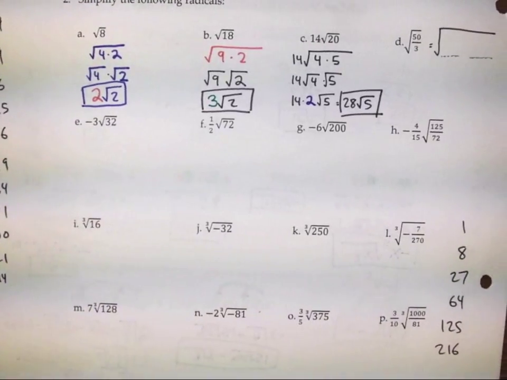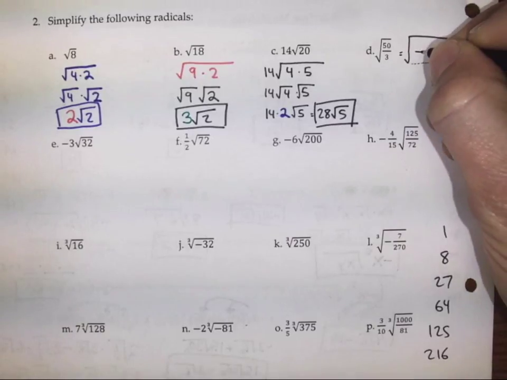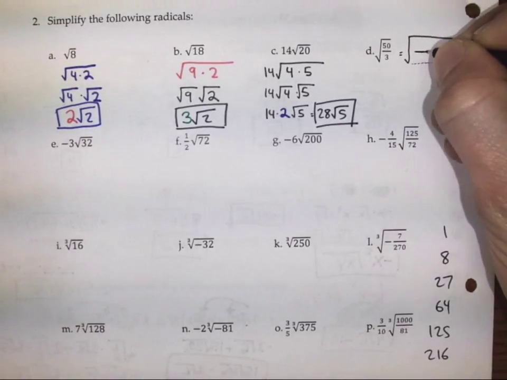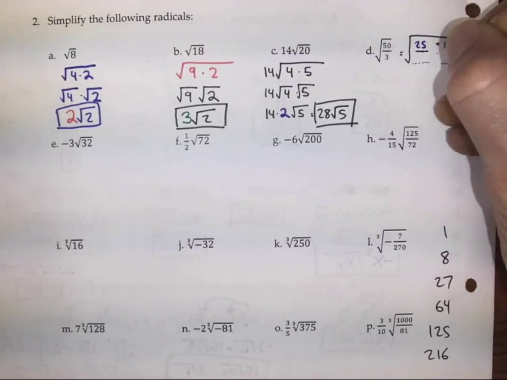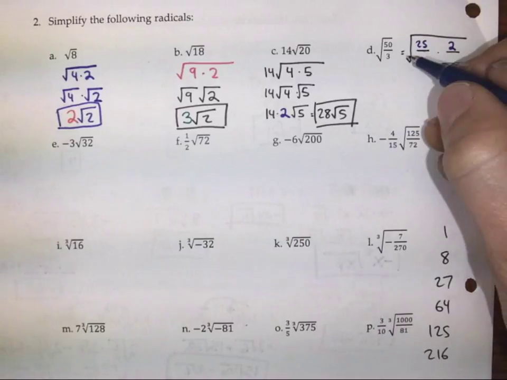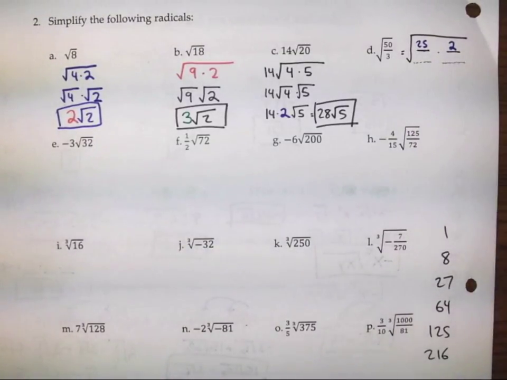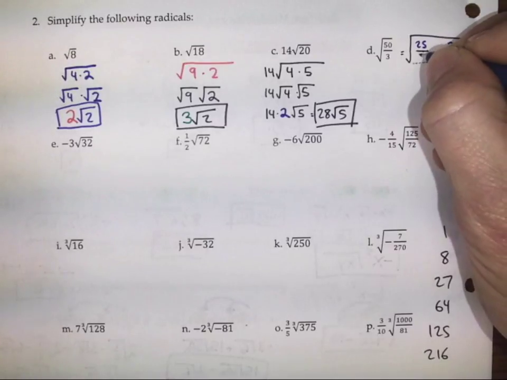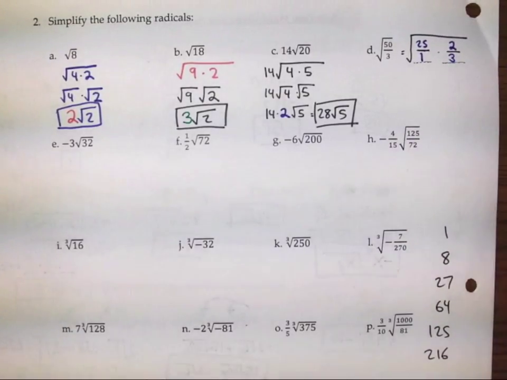And they're going to be multiplied together. Now, in this case, with a fraction, I'm going to write them both as fractions. So 50 can be written as 25 times 2, because 25 is a perfect square. But 3 can't really be broken down into any perfect squares, so I'm going to just write that as 1 times 3. The 3 is going to be a leftover.